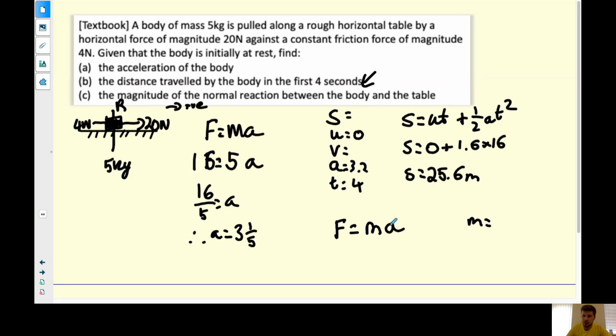Well, our mass is just going to be the weight of the object, which is 5, and our acceleration is going to be 9.8 meters per second squared. So the magnitude of this, so I'm not worried about direction, force equals 5 times 9.8. So our force is going to be 49, and it would be in newtons.